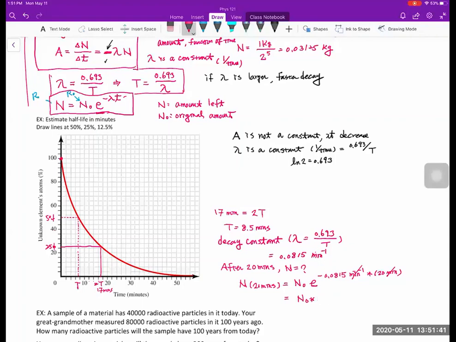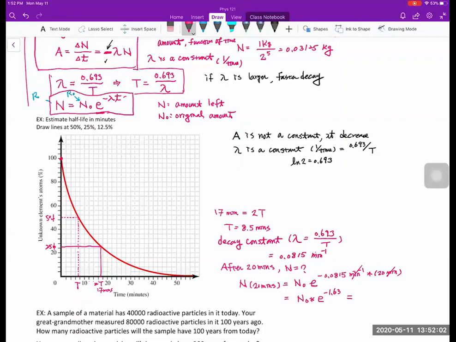Okay, let me write this slowly so you can follow me. So this, you have to modify 20 with the negative 0.0815. So I forgot to modify 20. That's why I got a very weird number. 0.0815 times 20, you got 1.63, minus 1.63.